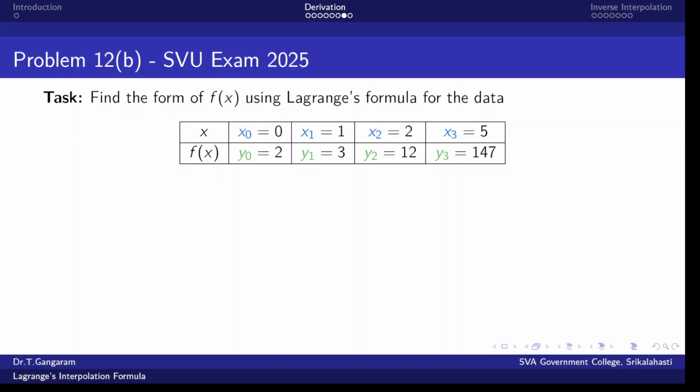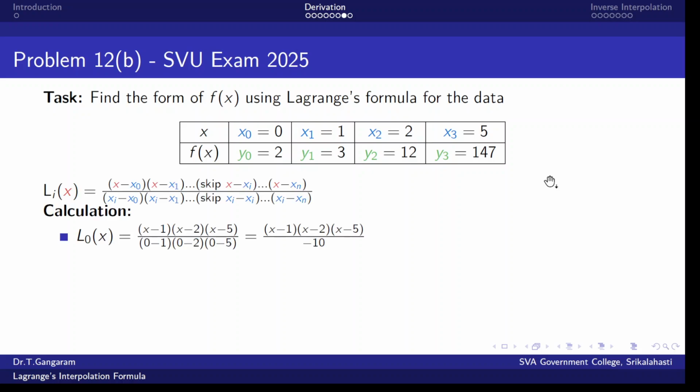Let us discuss the SV University April 2025 examination problem. Find the form of f of x using Lagrange's formula for the data. The x values are 0, 1, 2, 5 and the y values are 2, 3, 12, 147. Here these values are not equidistant, so we can use Lagrange's interpolation formula.